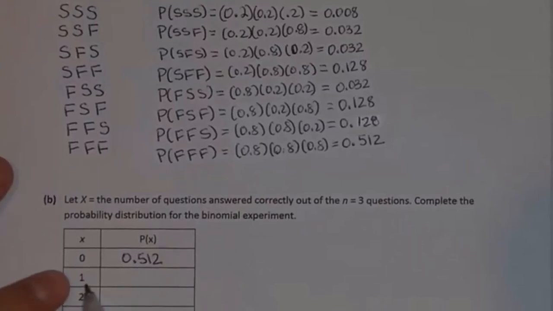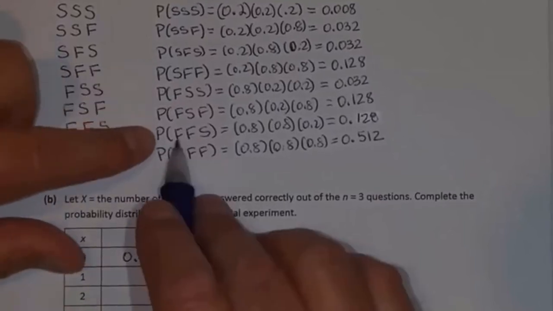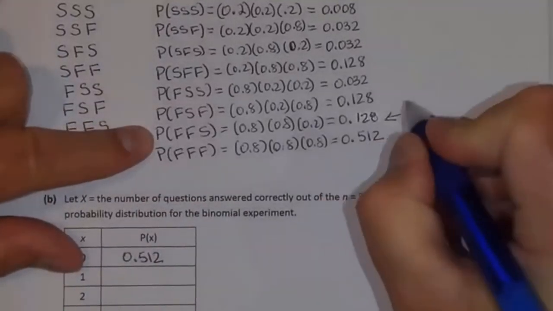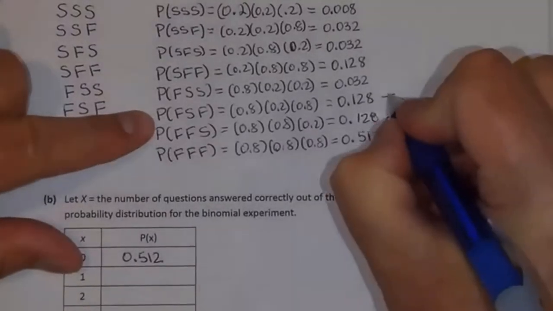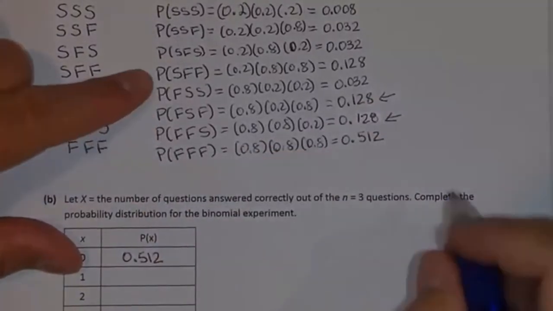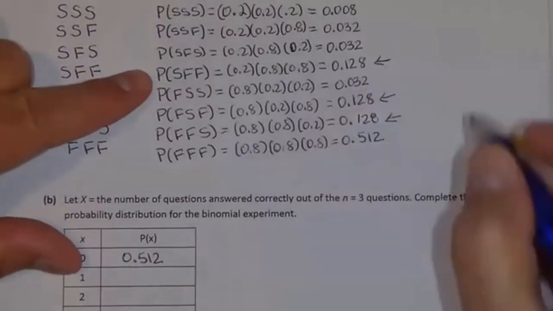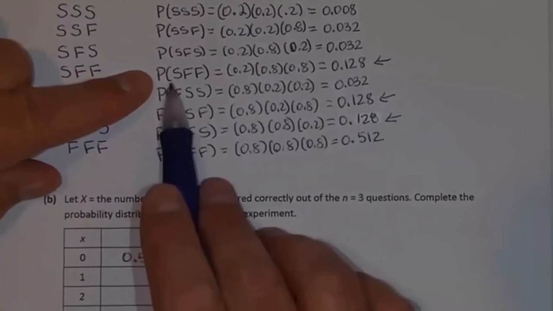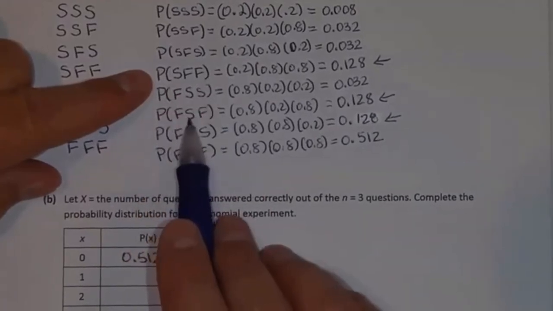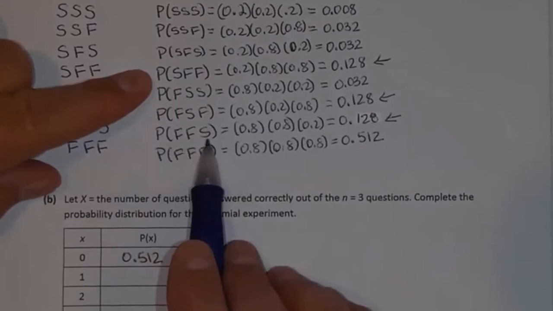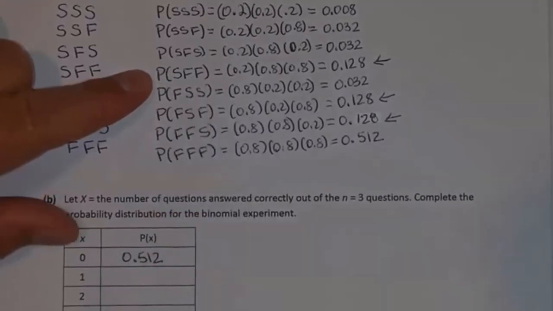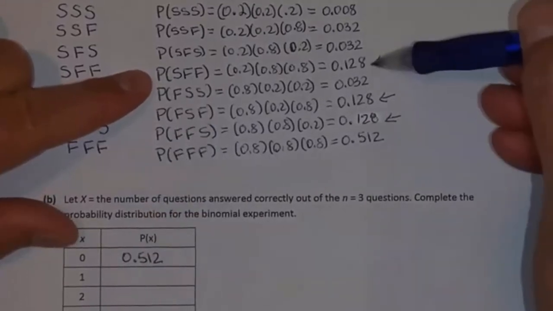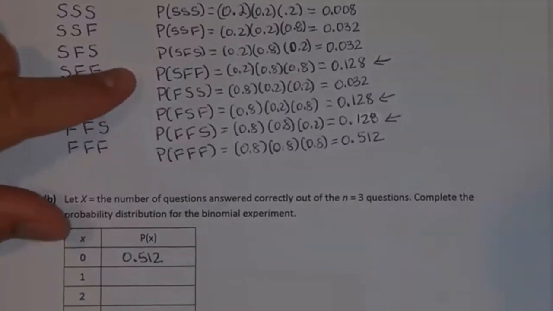The probability of getting 1 question correct, well, that can happen 3 different ways. If you look, right here we have 1 question correct, right here we have 1 question correct, and right here we have 1 question correct. So getting 1 correct could be success, failure, failure, or failure, success, failure, or failure, failure, success. It could be any of those 3 things. Now notice what the probabilities are for each of those.